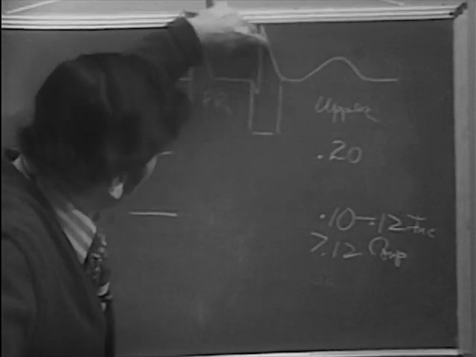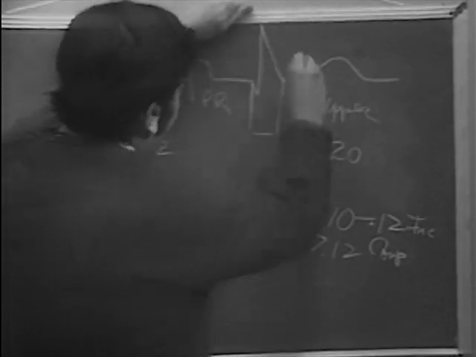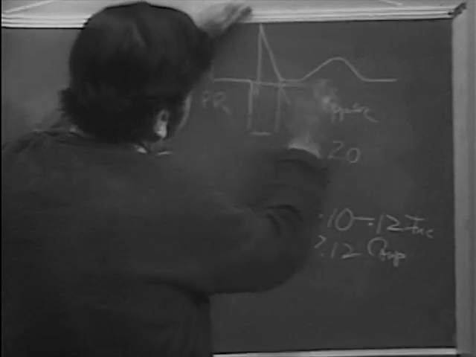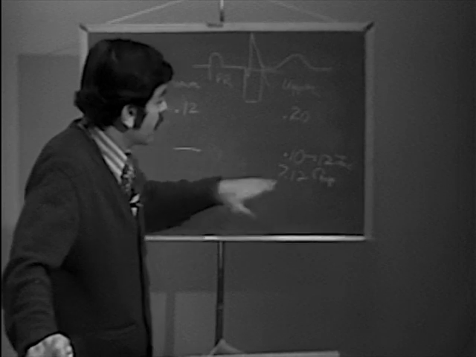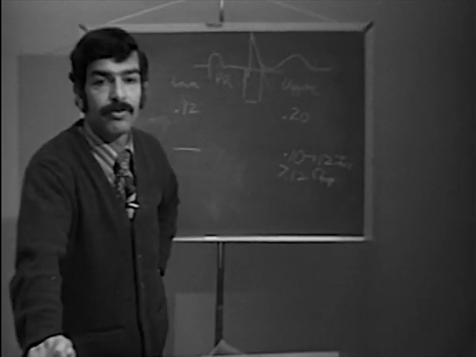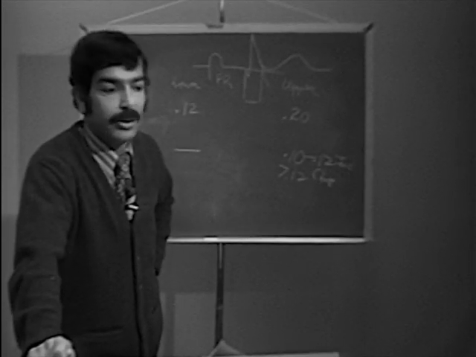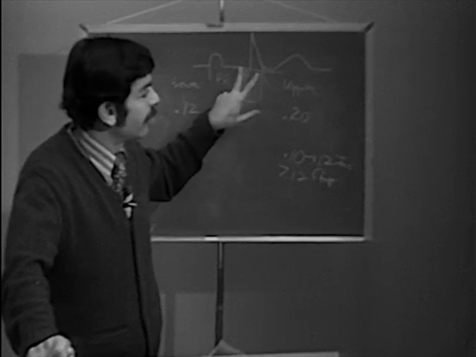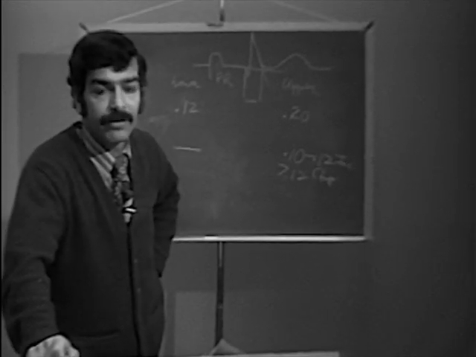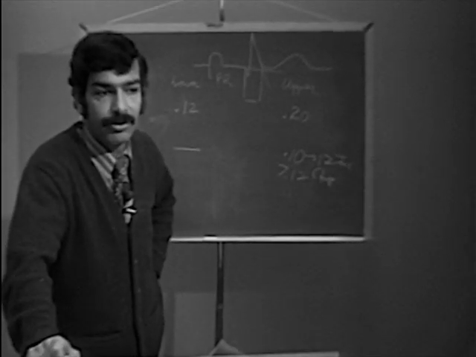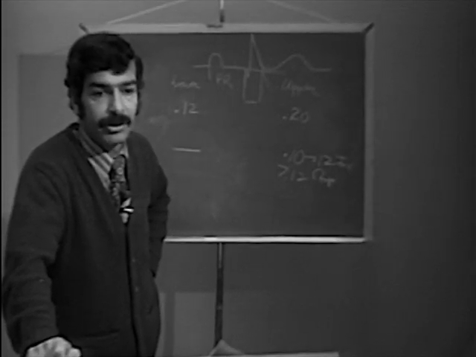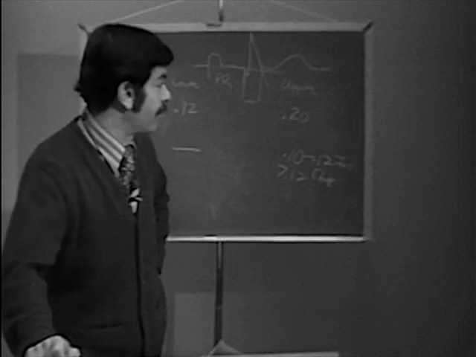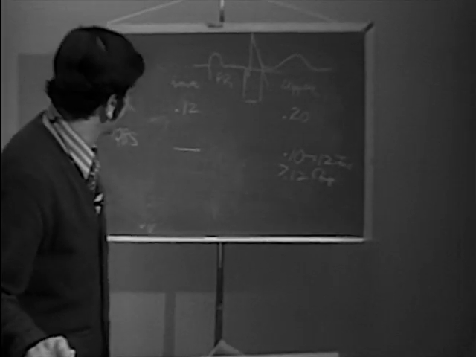But what you're really trying to do is extrapolate this line right down to where it would intersect the baseline, the duration of the QRS. And in terms of asking whether the QRS is prolonged or not, you measure the longest QRS duration in the frontal plane leads. That's 1, 2, 3, AVR, AVL, AVF. The longest duration in the frontal plane leads is the duration of the QRS complex.